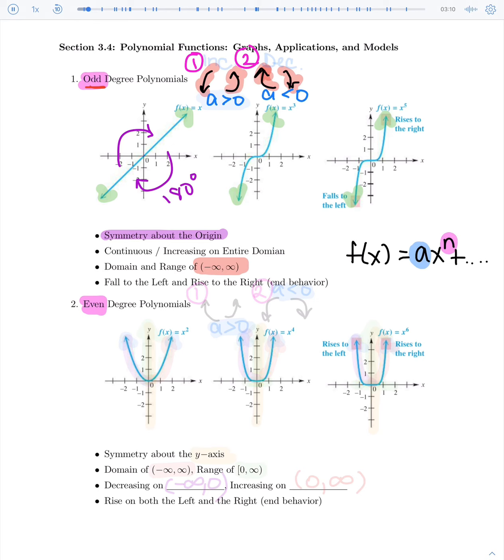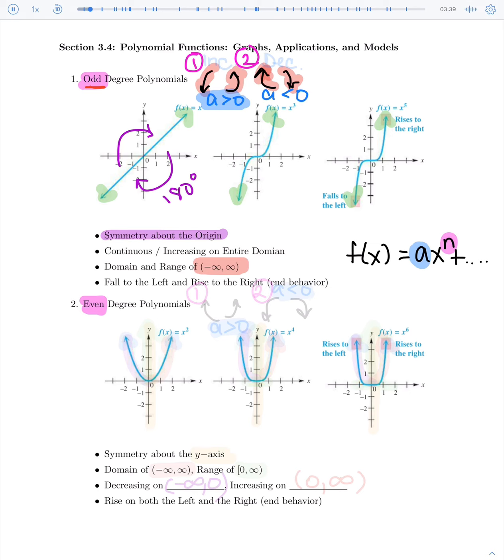And we did talk about this briefly here, which is most of the graphs will go up from left to right, but that is only if your a is positive, the a that's out in front of your term with the highest exponent. Notice it's continuous, it doesn't have any breaks, meaning you never have to pick up your pencil to trace it, and it's increasing or decreasing on its entire domain.